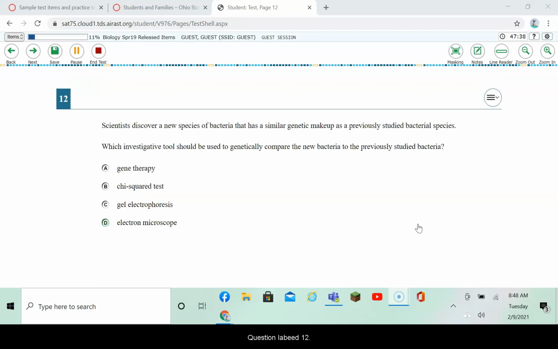Question labeled 12. Scientists discover a new species of bacteria that has a similar genetic makeup as previously studied bacterial species. Which investigative tool should be used to genetically compare the new bacteria to the previously studied bacteria? Let's see, what should we use?